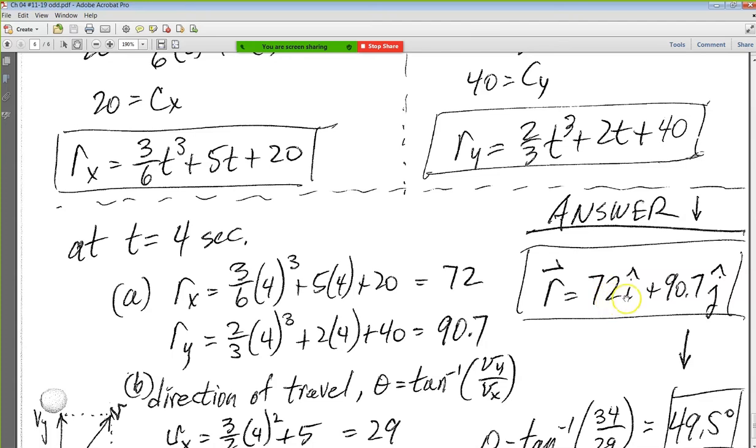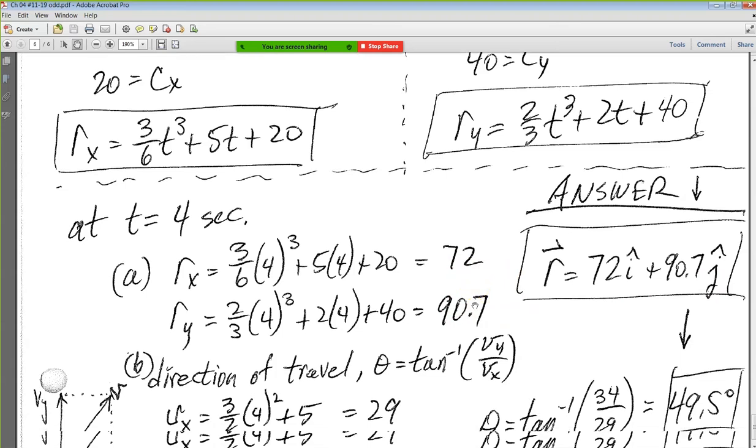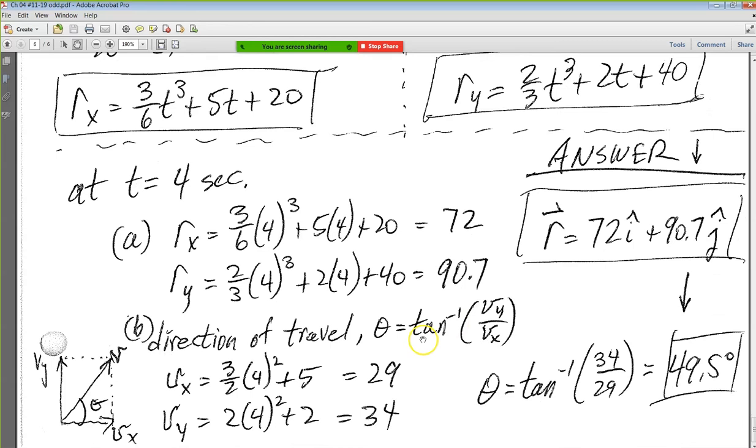So 72 in the x, 90.7 in the y. Now that we know where it's located, the next question was, what is its direction of travel? And here is a location of common mistake for students to make. The r vector is described by 72 in the x and 90.7 in the j.